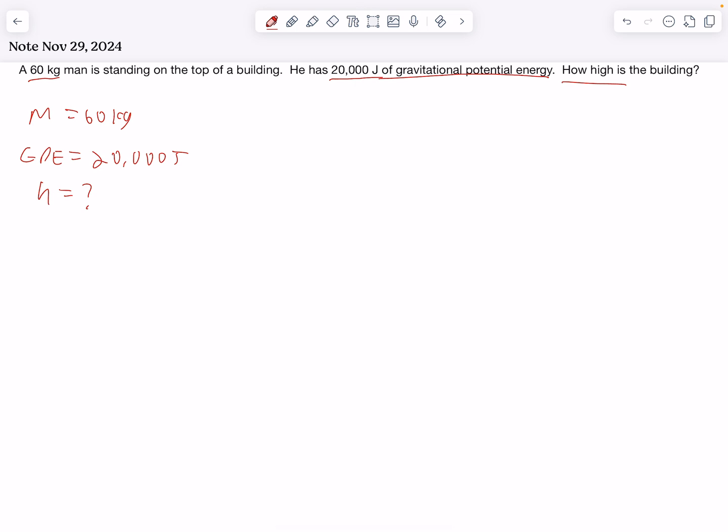If it's obvious what equation to use, write it down, get started. If it's not obvious, or if you need a little more help, or if you want to just make sure everything is good, we're going to draw a picture. So we have a man. He has a mass of 60 kilograms.